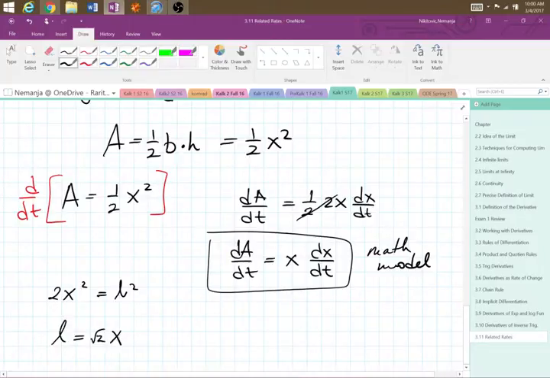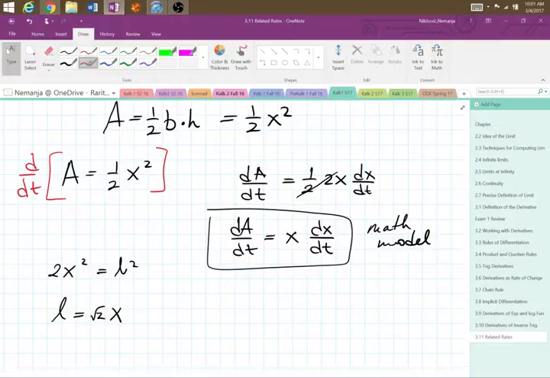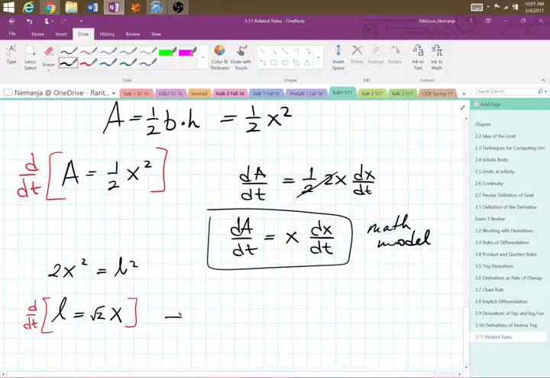If you square root both sides, you will have plus and minus, but lengths are never negative. Therefore, we just keep a positive root 2 x. And now I differentiate that to establish the connection between dL/dt and dx/dt. So from there, I see that dL/dt is equal to root 2 dx/dt.